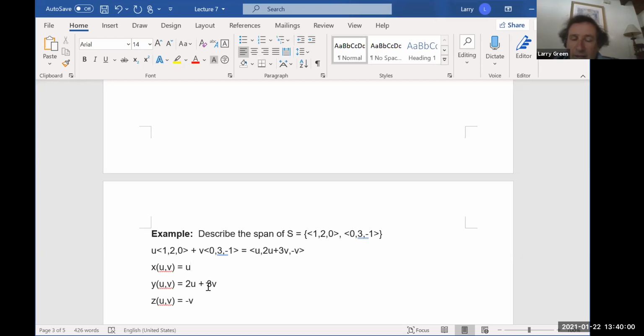That's always the case, as long as the two vectors are not multiples of each other. If they're pointing in the same direction, you're not going to get a plane. You're just going to get a line.